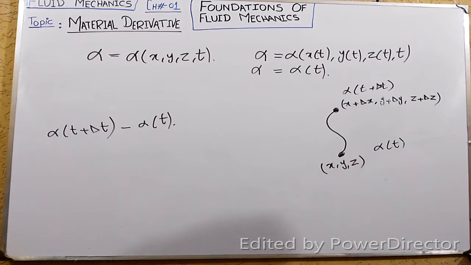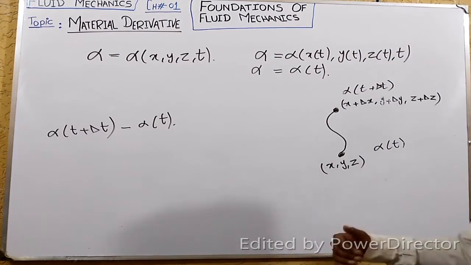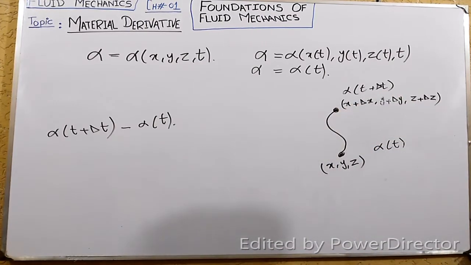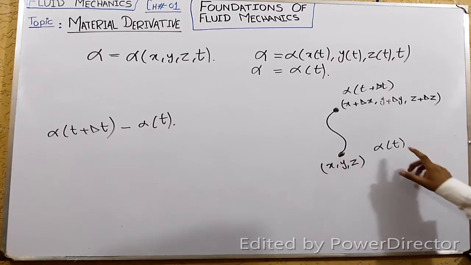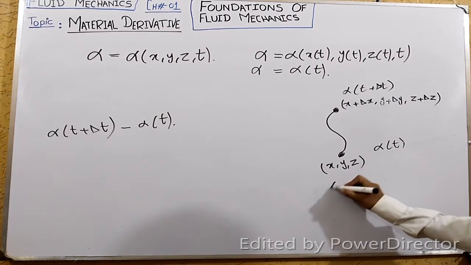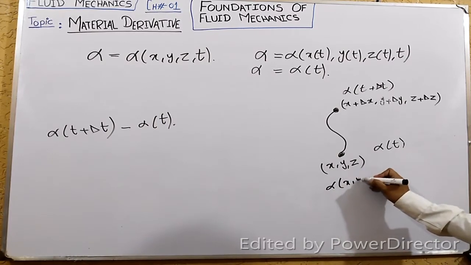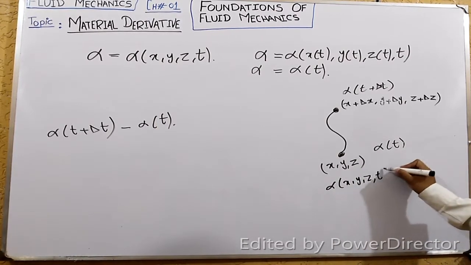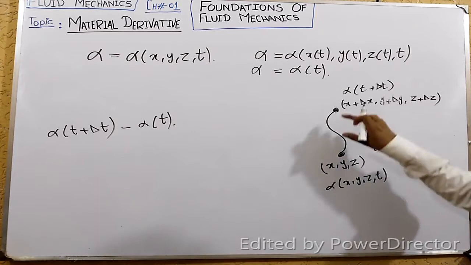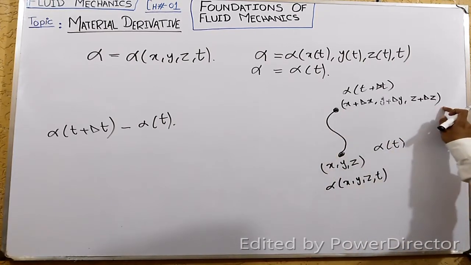In the Eulerian coordinate system, we have to find out the change in the value of alpha at these 2 points. Note that in the Lagrangian description, the particle was at this point at the time t. Therefore, in the Eulerian description, we have to consider the value of alpha that depends on x, y, z and the time t. Similarly, in the Lagrangian description, after time delta t, the particle was at this point whose coordinates are this.